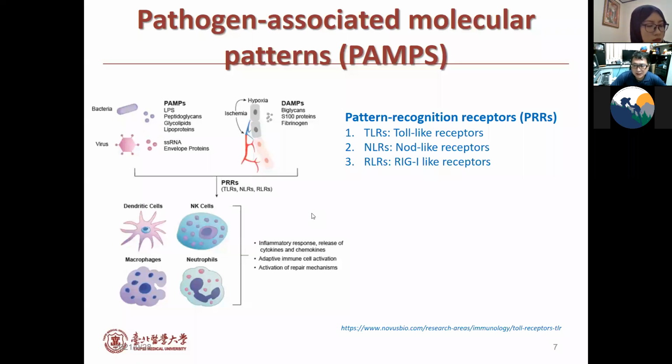Innate immunity cells all have three kinds of receptors: Toll-like receptor, NOD-like receptor, and RIG-I-like receptor. These three kinds of receptors help the white cells recognize substances secreted from bacteria or pathogens, or their structural proteins.